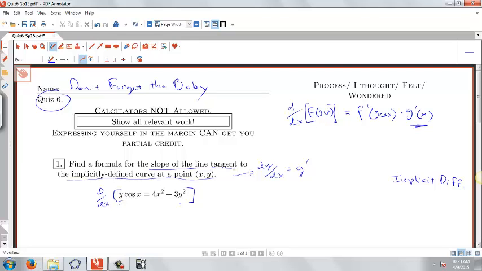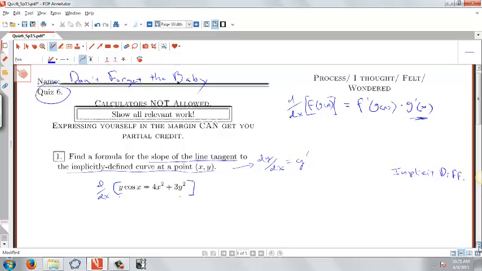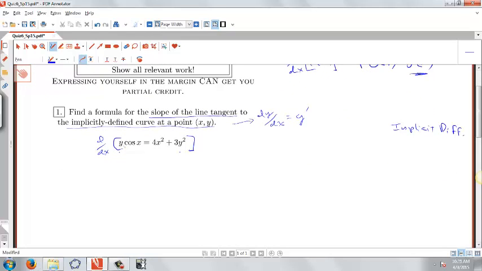Now, when I see something like this, I notice that I'm going to need the product rule here, and I have to remember that that y has a hidden function inside. So what I'm going to do is I'm going to do this derivative, and I'm going to use the product rule. I'm going to write that right next to it as PR, product rule. I want to change colors a little bit.